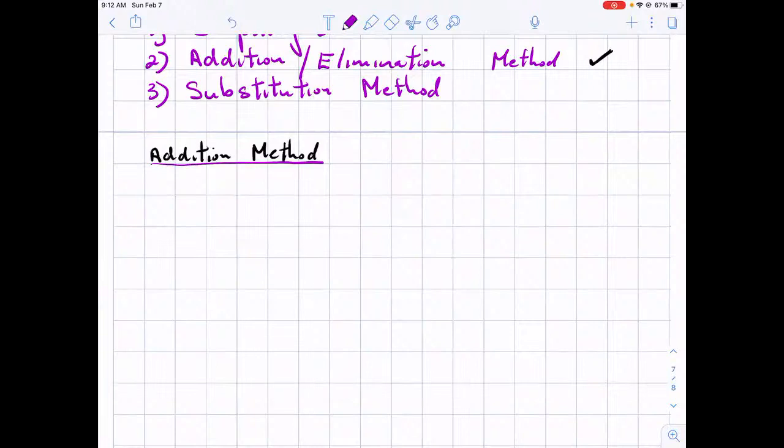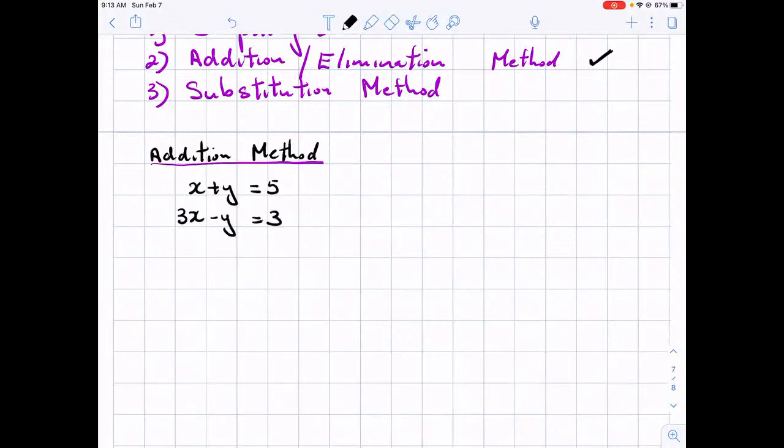One of them will cancel. For example, if we have, so now we want to solve the system by addition. x plus y is equal to 5, and 3x minus y is equal to 3.